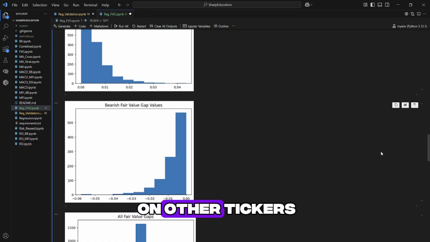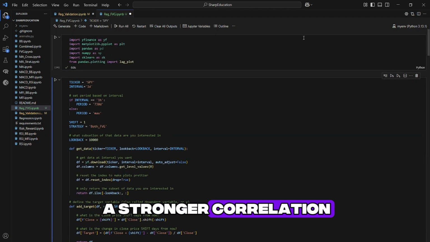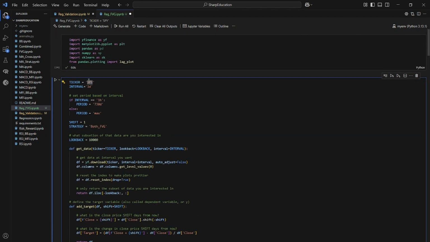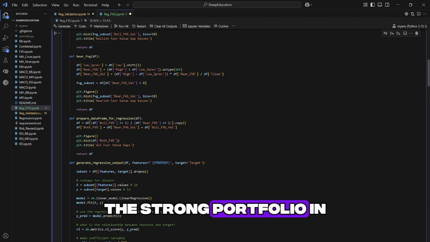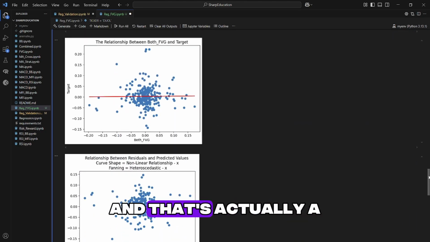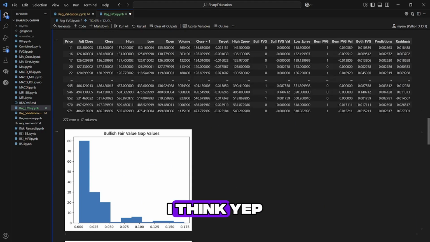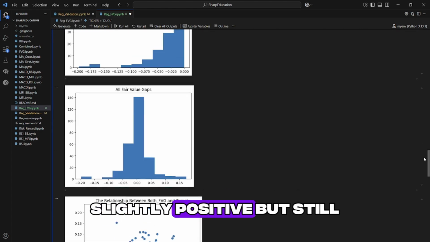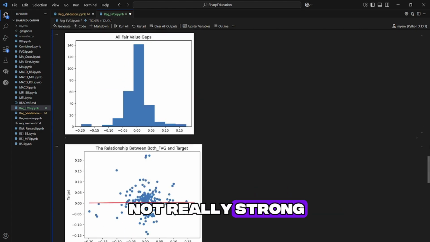We can try this on other tickers to see if there's a stronger, more negative correlation. We can do Duolingo, which is from the Sharp portfolio in Sharp research this quarter, and that's actually a positive relationship, I think. Yep, slightly positive, but still not really strong.